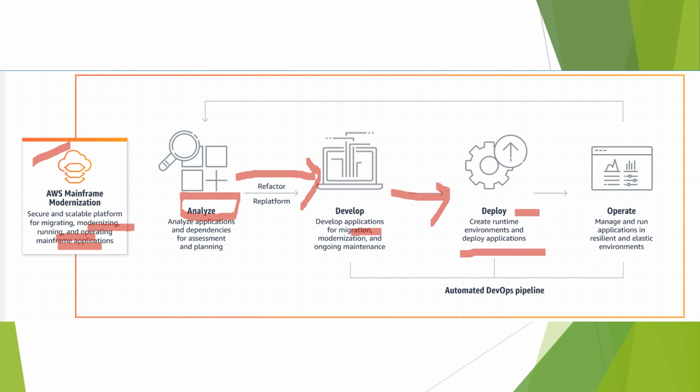Then operate manages and runs the application in a resilient and scalable environment. This supports the migration pipeline, which we call an automated DevOps pipeline: develop, deploy and operate.